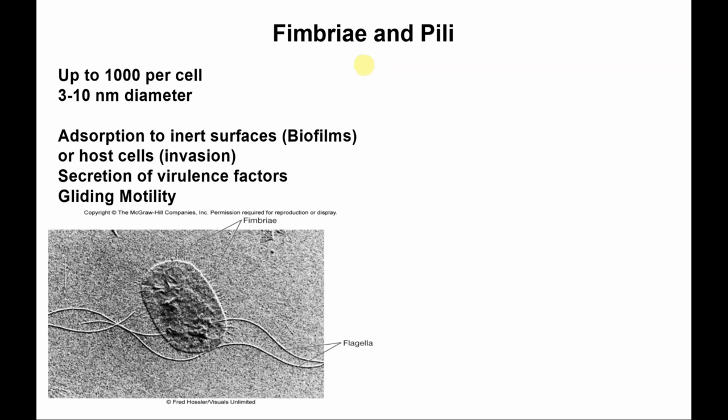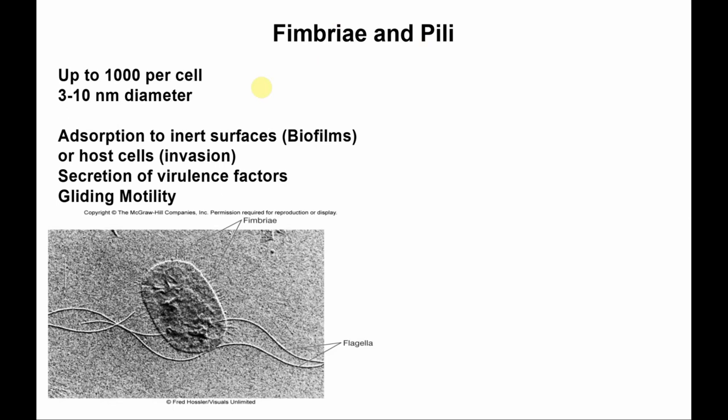So fimbriae, I think this is the Latin for like a thread. And this was a Scottish microbiologist from Edinburgh who described these and called them fimbriae. And pili means like hair, like poil. And I think an American microbiologist gave them that name. So even up to now, we have these two terms that coexist, but they are the same thing.